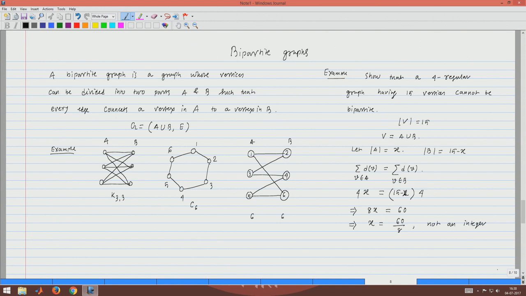So, the number of vertices in part A is not an integer. So, you can't find an integer solution for this equation. So, a 4 regular graph having 15 vertices can't be a bipartite graph. So, that is the proof of this one.